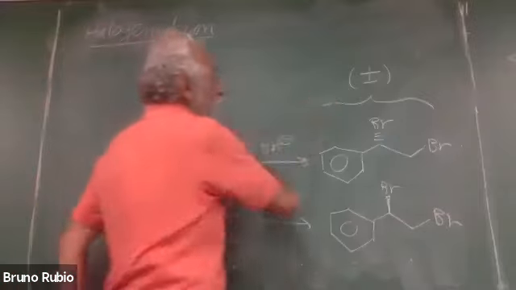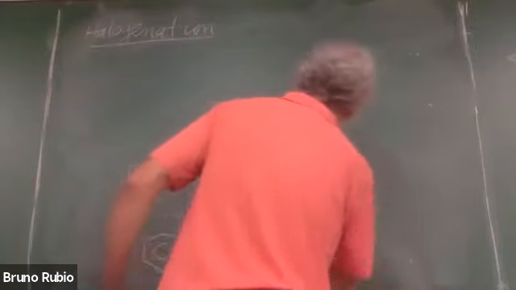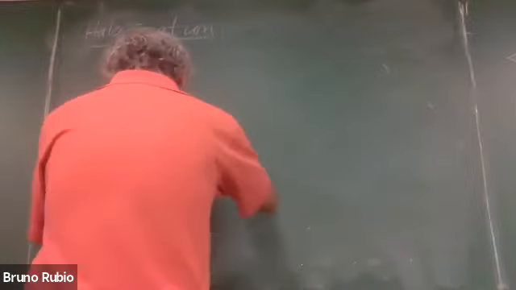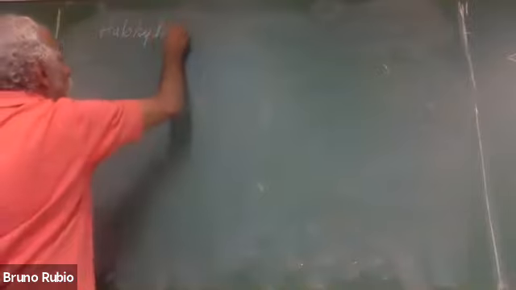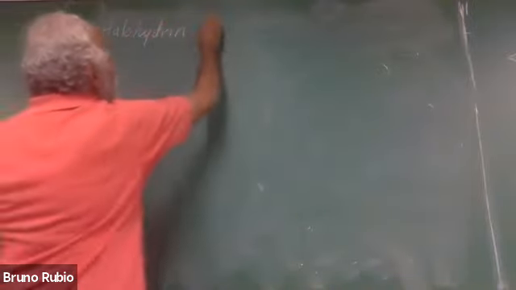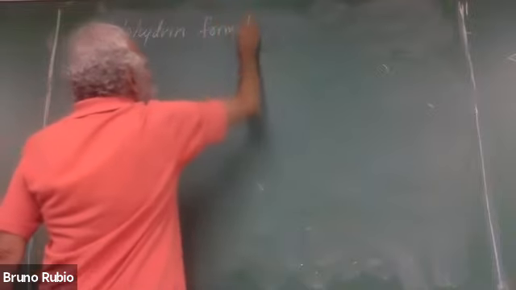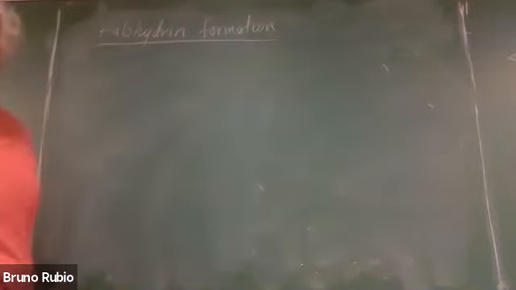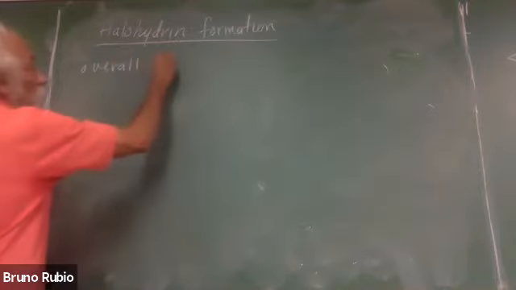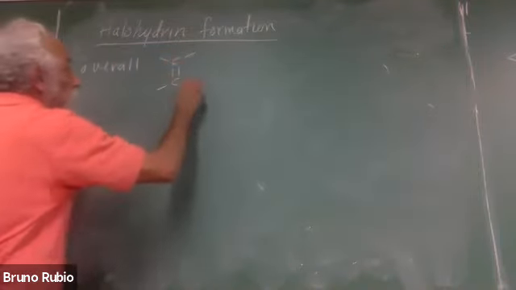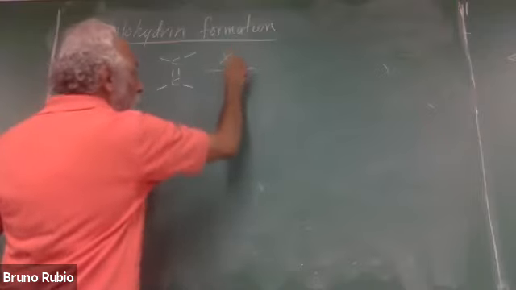Okay, next reaction. Halogenation. All right, so the overall reaction here is going to be, we have our carbon-carbon double bond, and we react it with X2, right?